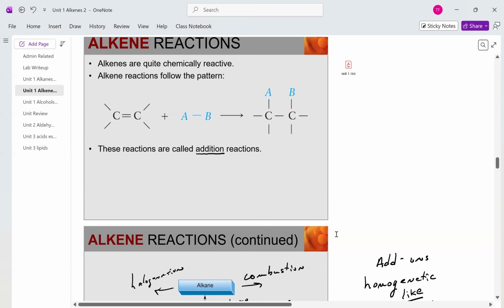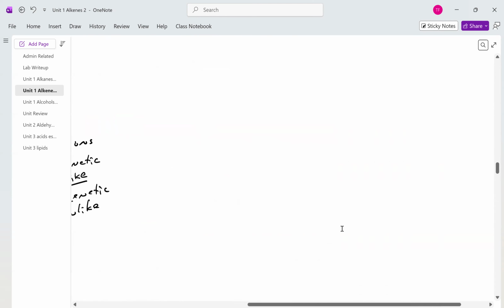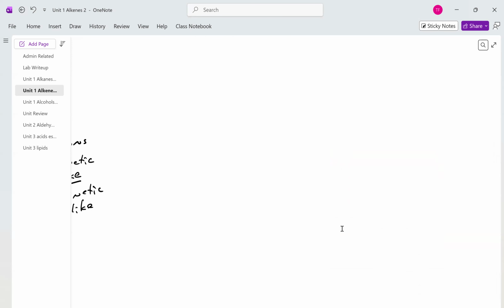Could you do an example where Markovnikov's rule has more of an effect on the results of an addition reaction? Yeah. Usually it's when the double bond is on the end, because then the carbon on the very end has only two hydrogens.